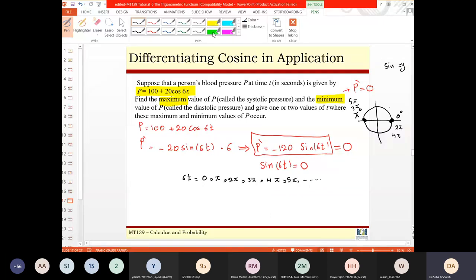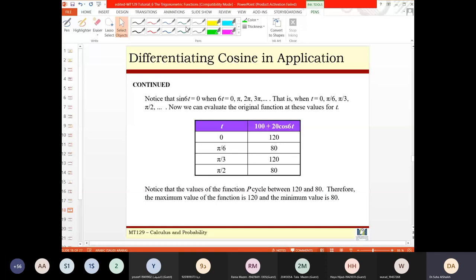Now, if you read the question carefully, they said give 1 or 2 values where we have maximum and where we have minimum. So as we agreed, 6t will be either 0, or pi, or 2 pi, or 3 pi, or 4 pi, or 5 pi. This is 6t.